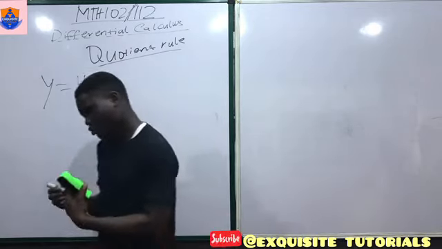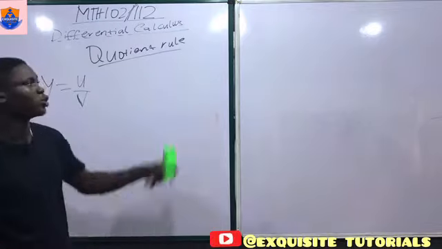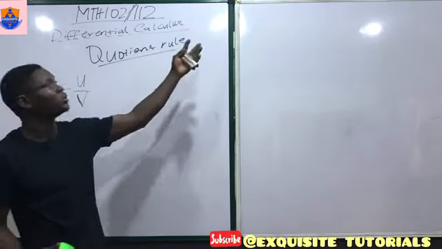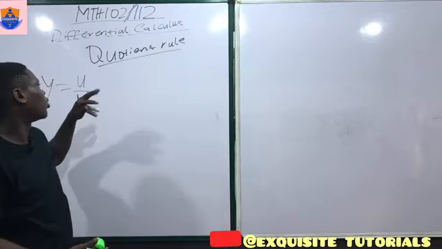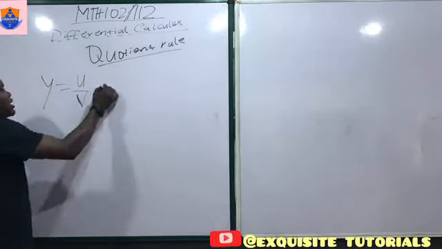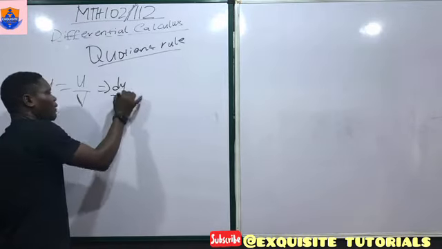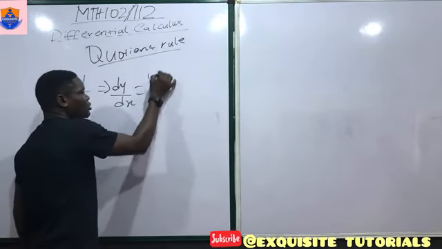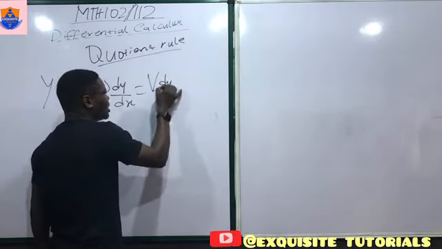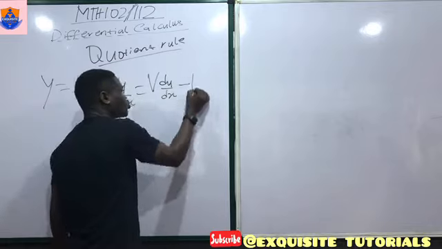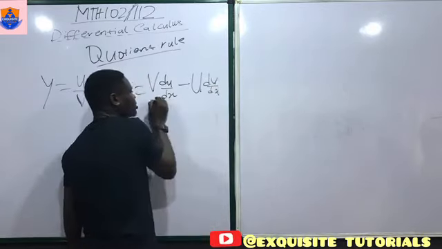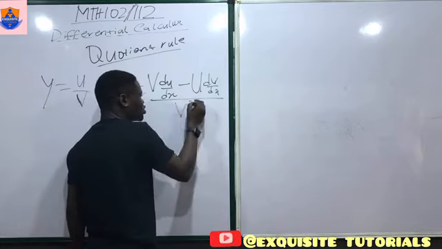and v is a function of x, I won't go through the process of showing you how it was gotten. You can get it directly from your logarithmic rule, or you can get it from your product rule. So our dy over dx is actually v, the denominator, times du over dx, then minus u times dv over dx, then everything all over v squared.